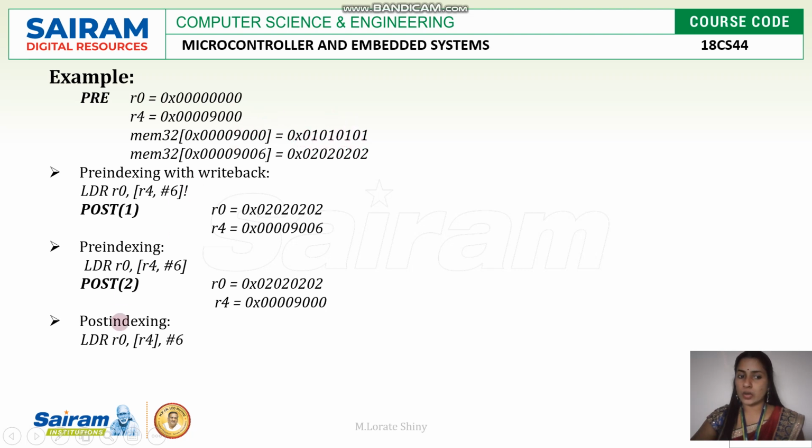That will be moved to the R0 register. So after the execution, R0 is equal to 01010101. Next, after the address is used for the load register instruction, we have to update R4. That means we have to add R4 and 6. So in the post, the new value of R4 will be 0x00009006.